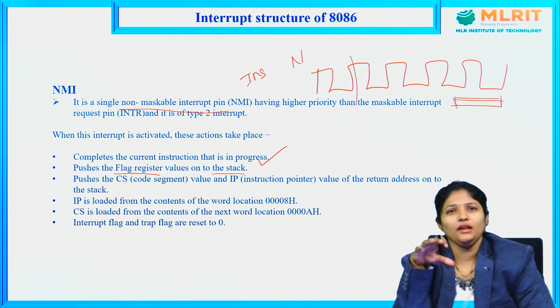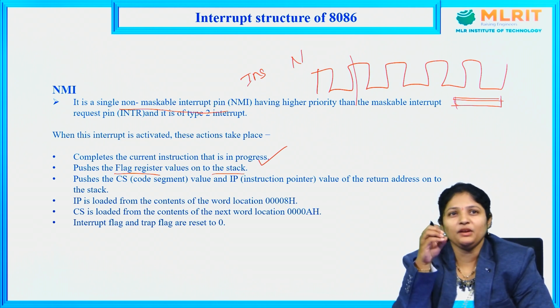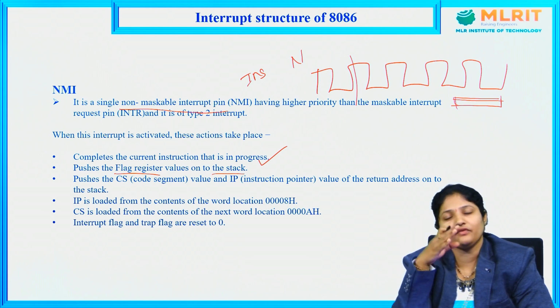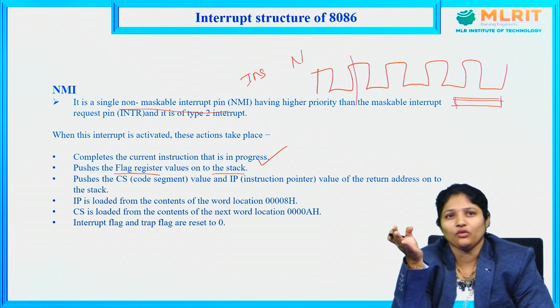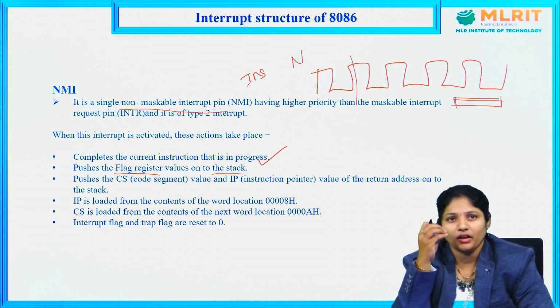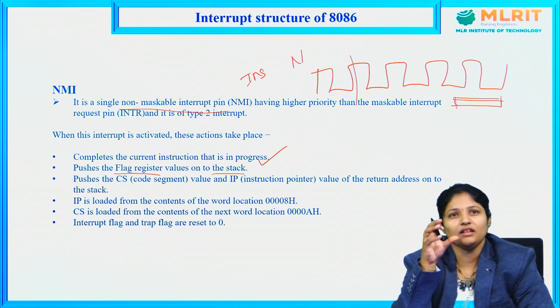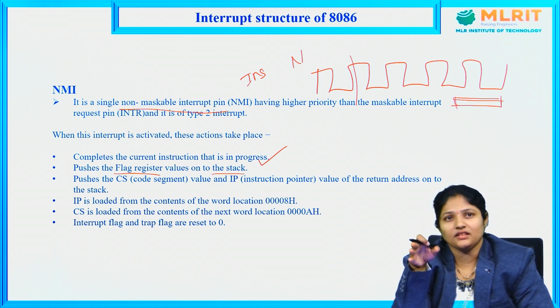If any program is executing, the intermediate values and the status of the flags are very important for the further execution of the program, so they must be stored somewhere. So the flag register, code segment and instruction pointer are stored. These values are very important for executing the next instructions.